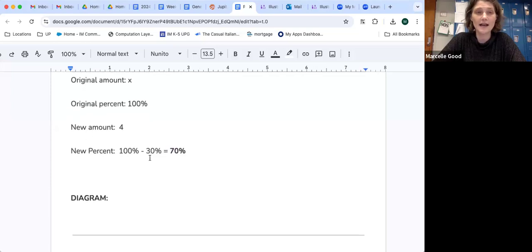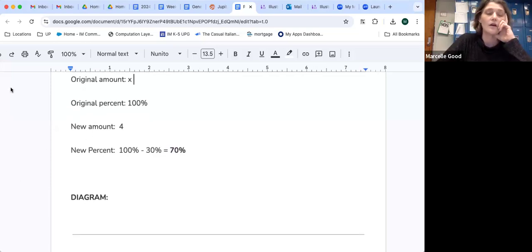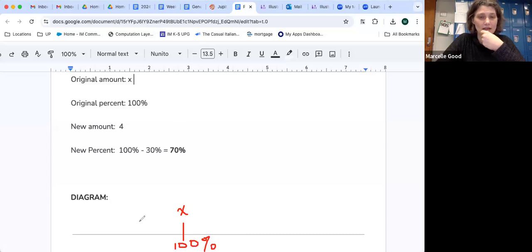So we can make our diagram. A 100% is our unknown value, which is X. It's a decrease, so we know that 70% of whatever this value is equal to 4 inches.